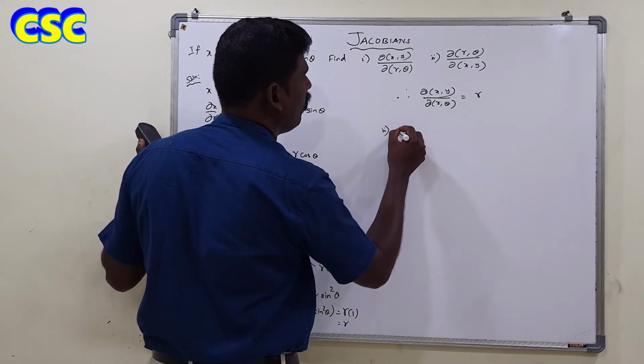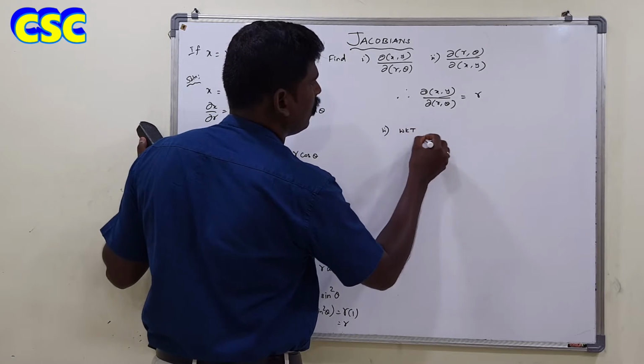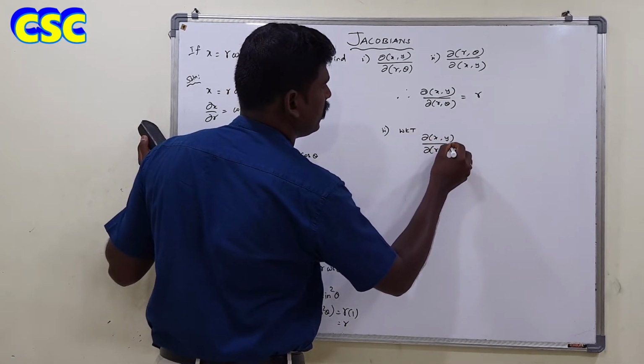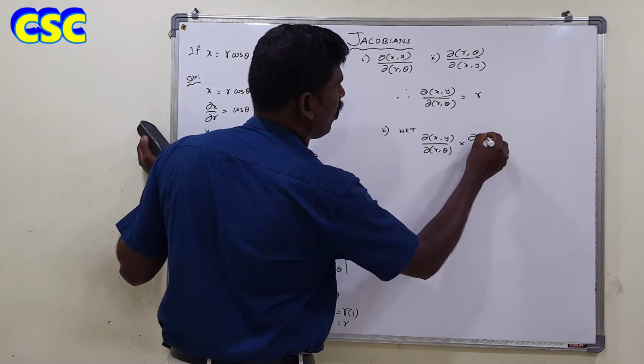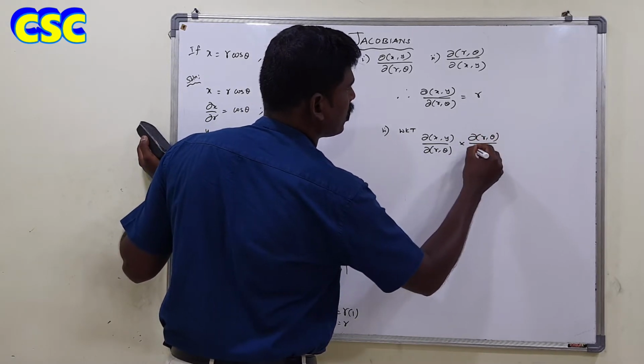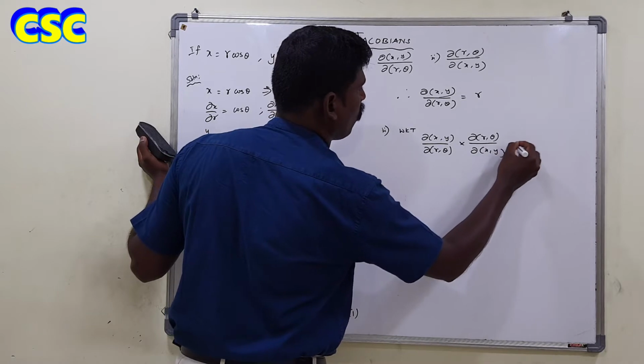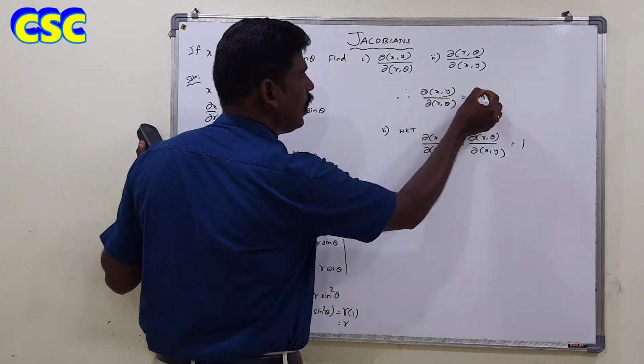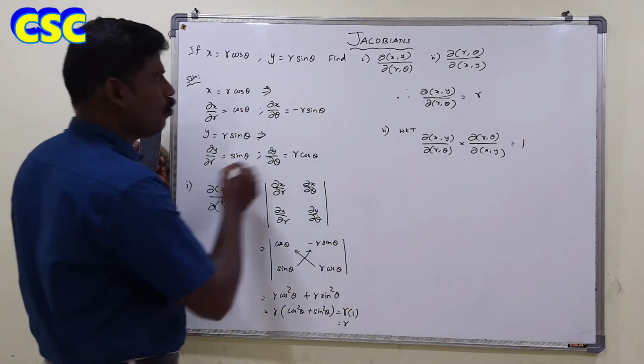For the second proof, we know that ∂(x,y)/∂(r,θ) into ∂(r,θ)/∂(x,y) is equal to what? 1, isn't it? What is the first value? Already we obtained from 1 it is r.